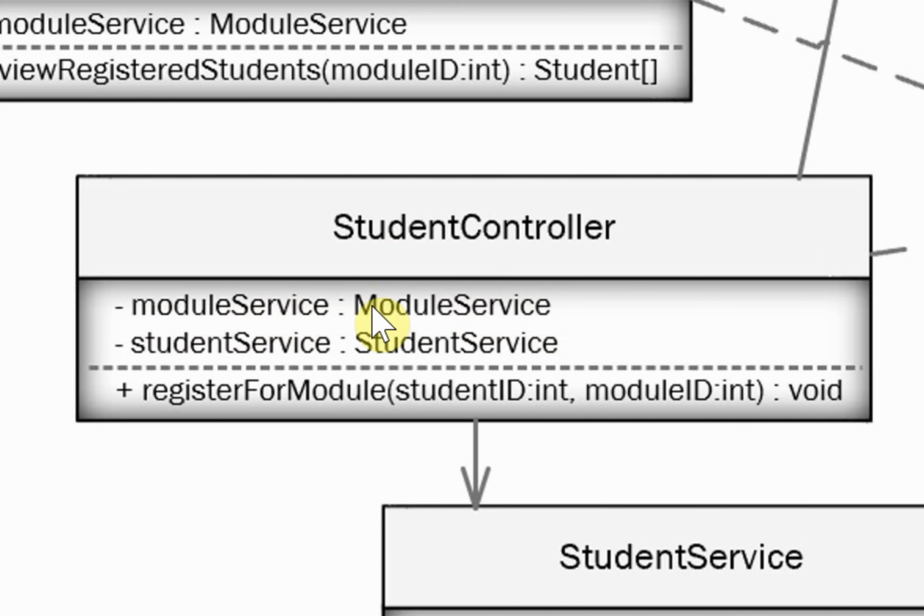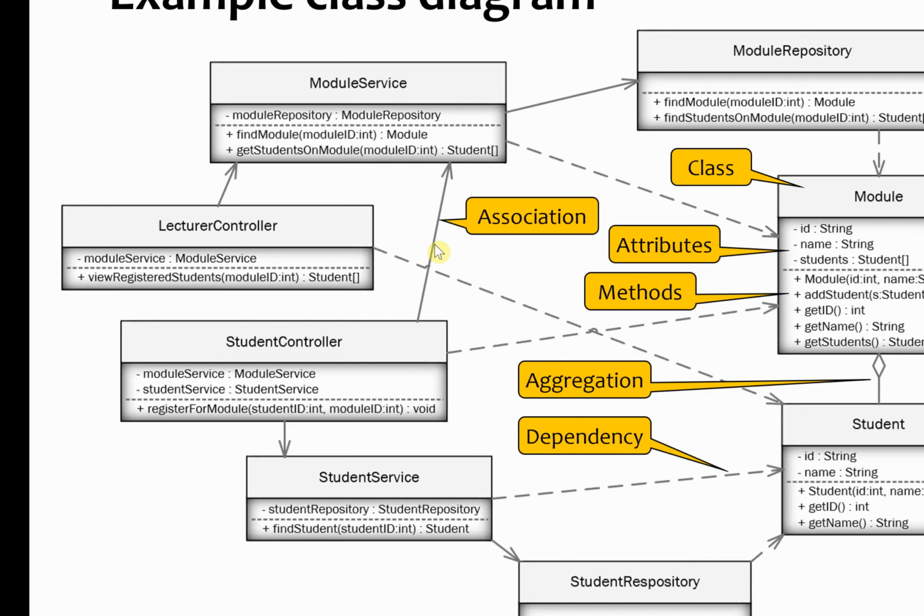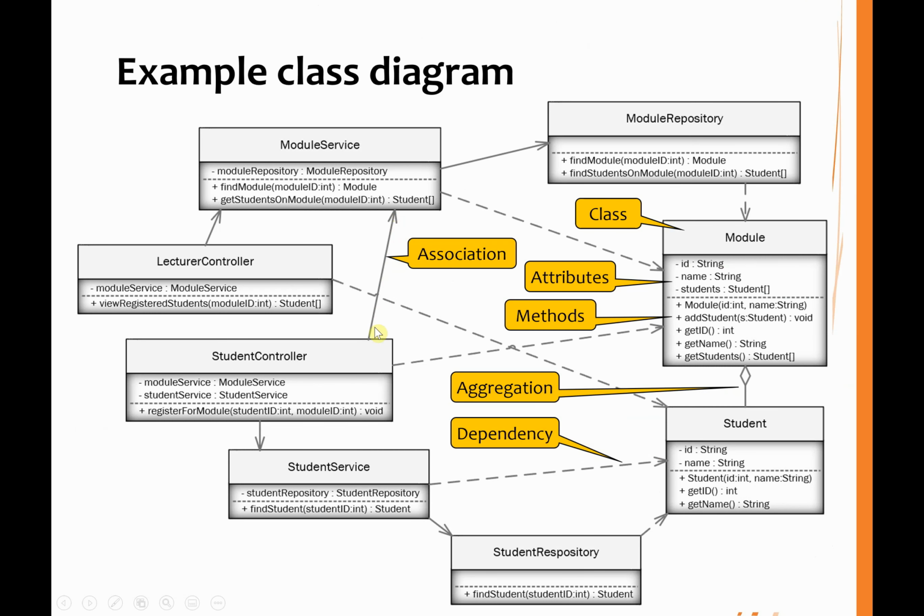This tells me that an instance of student controller will hold in its list of attributes or fields a reference to a module service, and that's what this arrow indicates. So the solid line says there is in the list of attributes a reference to the other object.